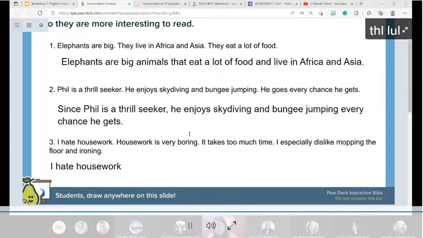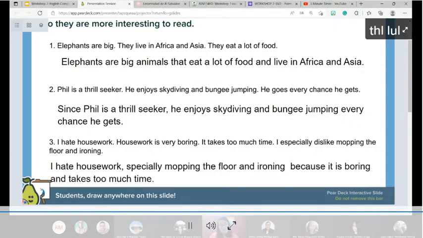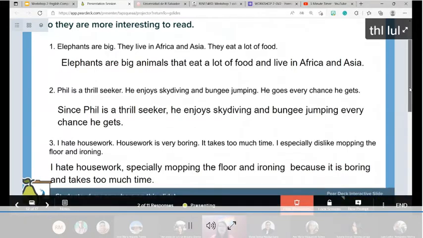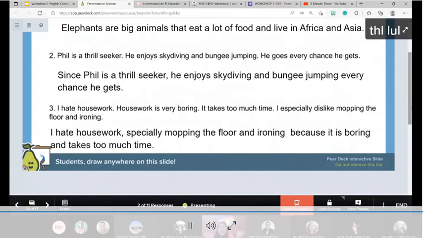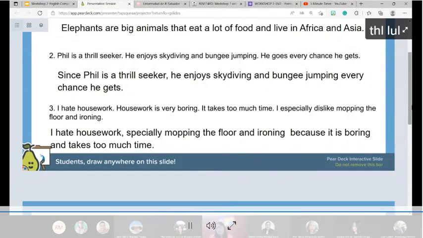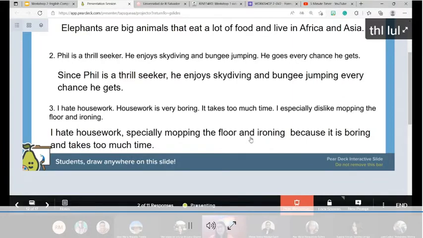Why is it boring? Or why does she hate it? Because it is. What you have to do with choppy sentences is combine the ideas. You add words like especially, because.